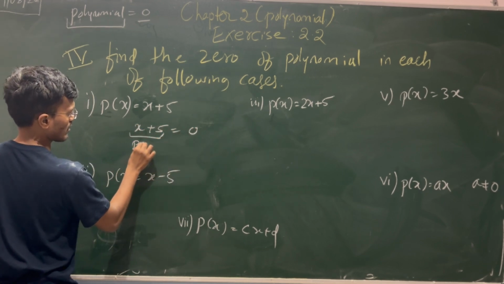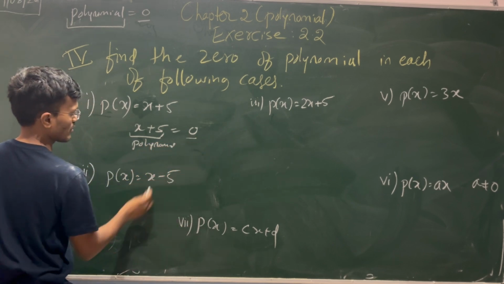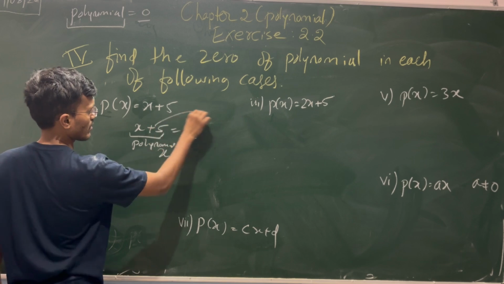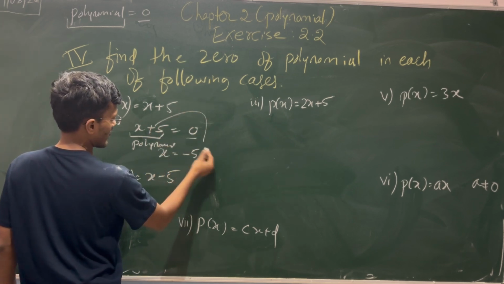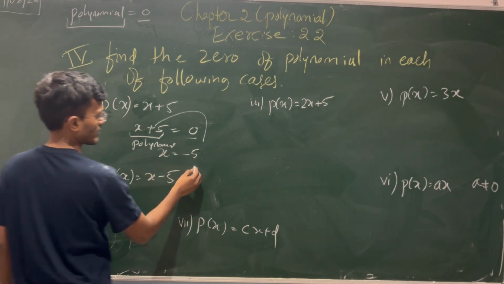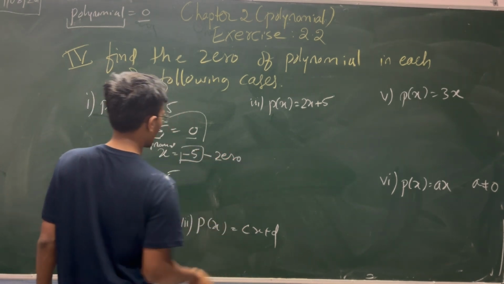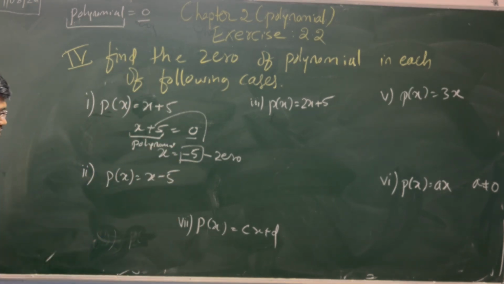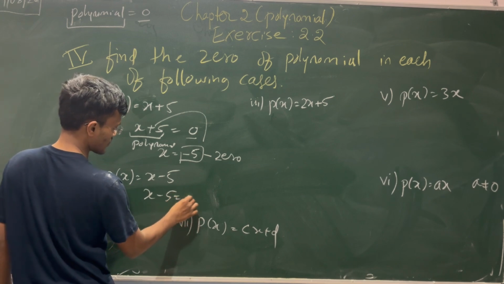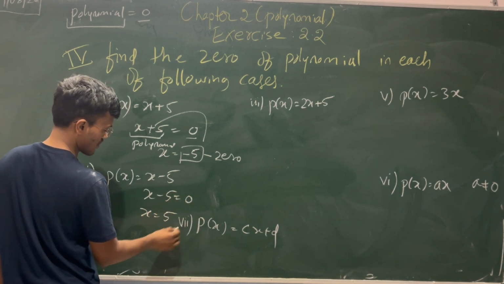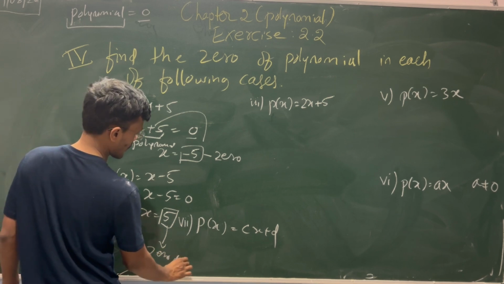This is called a polynomial and here there is a 0. So x is equal to, shifting plus 5 to the right side, it is minus 5. So now minus 5 is a zero of the polynomial of this equation. So now next, x minus 5 equal to 0, x is equal to plus 5. This is called a zero of the polynomial.